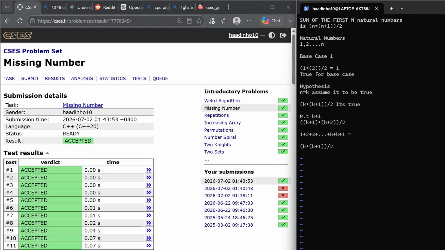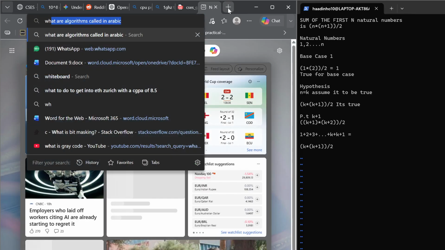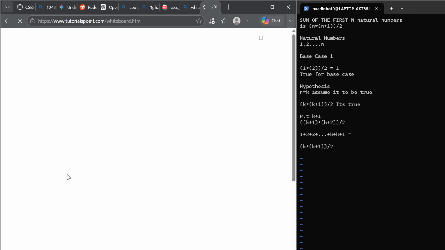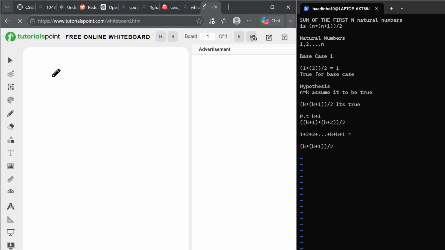by 2. I think I might write this on the whiteboard if it's going to be better for you guys to understand. So it's going to be like this: k into k plus 1 by 2, right?